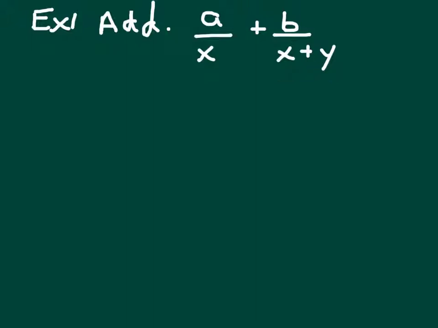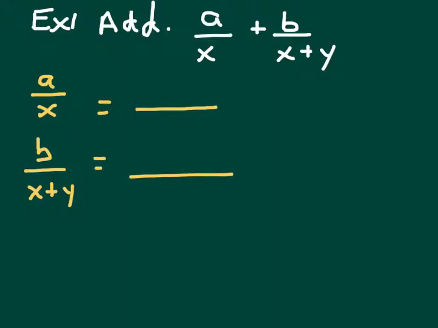So when we do this problem, we still write it vertically. Some of you are comfortable writing it horizontally, and that's fine, but I'm going to write it vertically. When we find the common denominator, or the least common multiple, I've got an x. I want to back up a little bit. You don't look at this as saying, I've got an x here and an x here, so I just have an x.